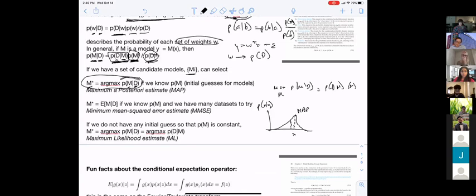So it turns out these minimize different things. The maximum a posteriori estimate minimizes the probability of being wrong, right? Whereas the minimum mean squared error estimate minimizes the mean squared error.